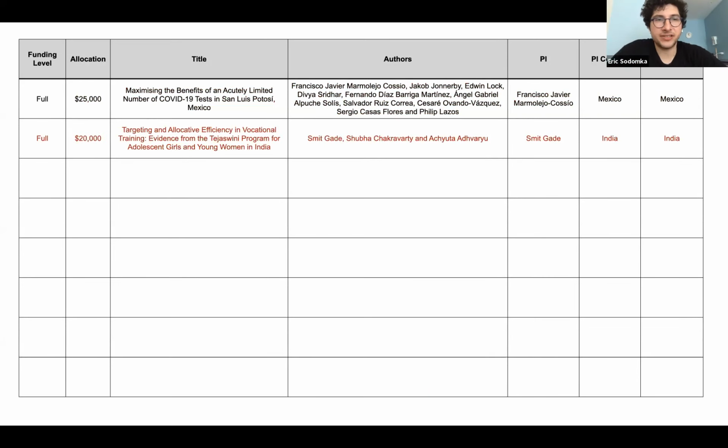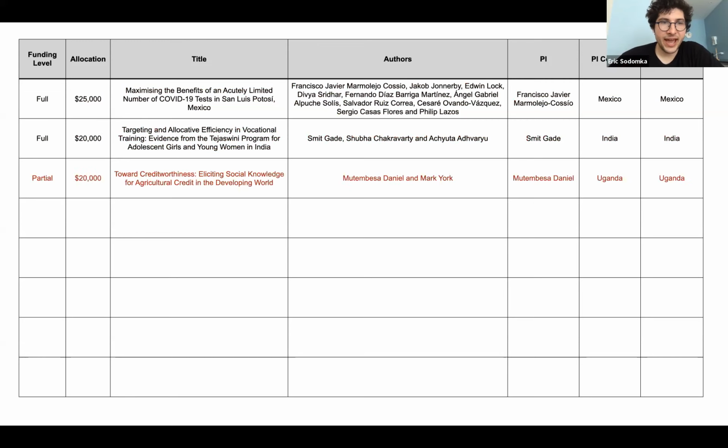Second, at $20,000 funding was a submission from India by Smit Gade, on targeting and allocative efficiency in vocational training, with evidence from the Sweeney program for adolescent girls and young women in India. Then Mwebabze Daniel was one of the winners at $20,000 for the submission he just mentioned, towards creditworthiness, eliciting social knowledge for agricultural credit in the developing world.